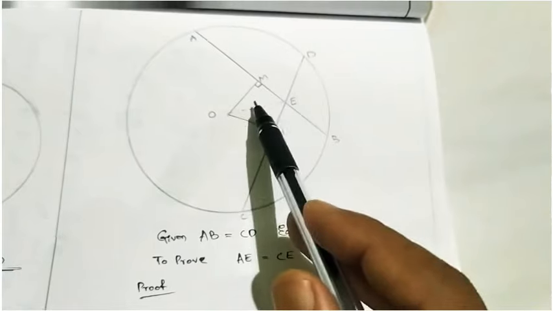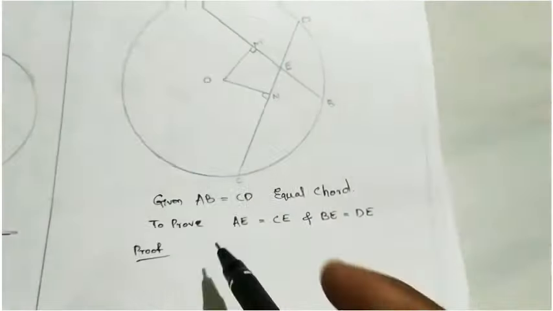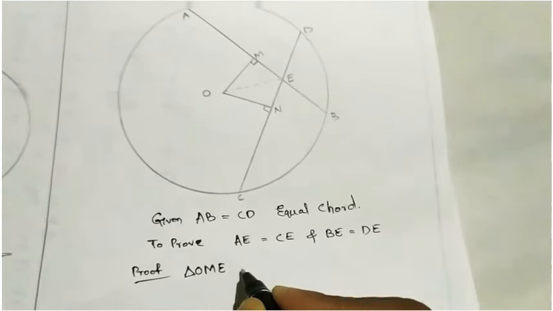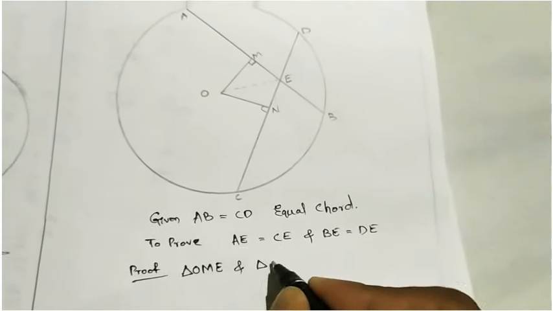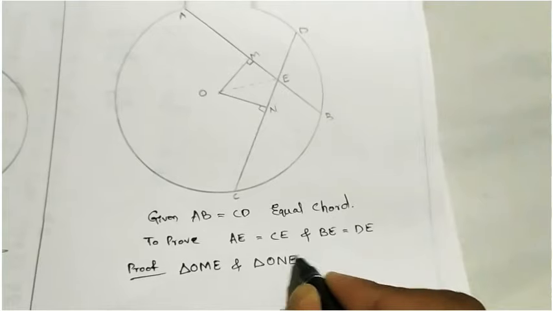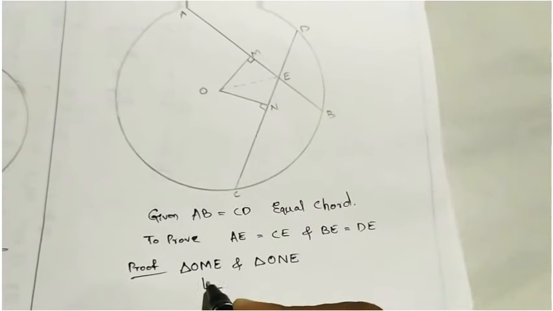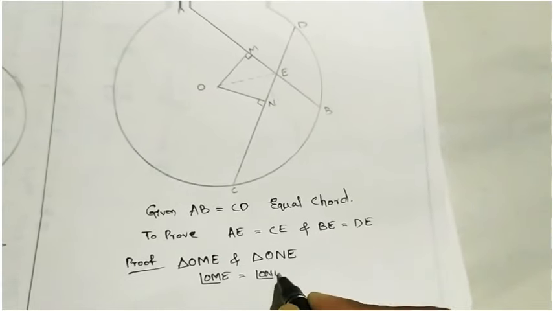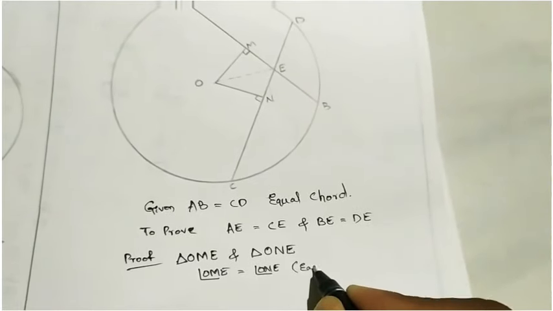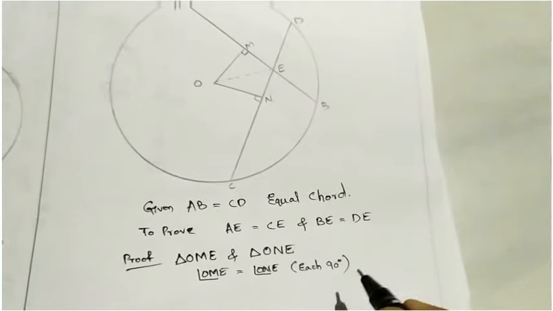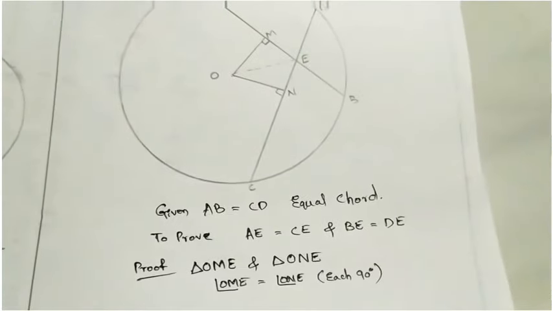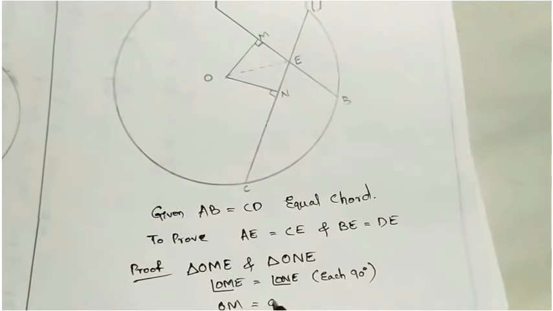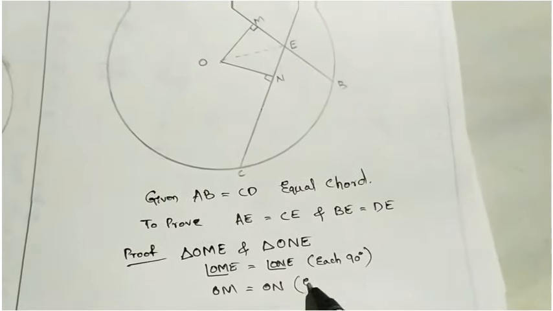Here one triangle, that is OME, and triangle ONE. So angle OME equal to angle ONE. Why are they equal? Each is 90 degrees. Next, OM equal to ON because of equidistance.